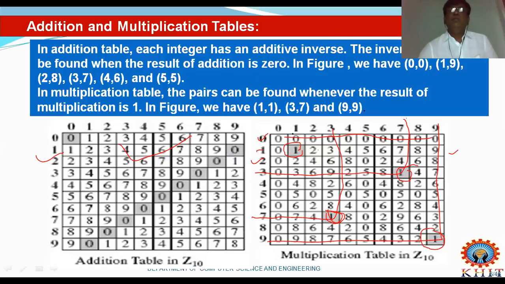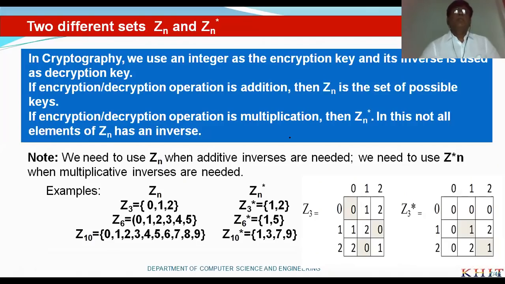For getting the multiplicative inverse, multiply the row and column values and modulo divide with 10. Whenever you get 1, that is a pair of multiplicative inverses. Here we have two different sets.